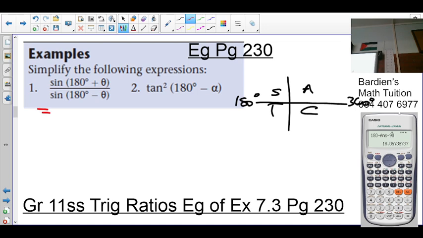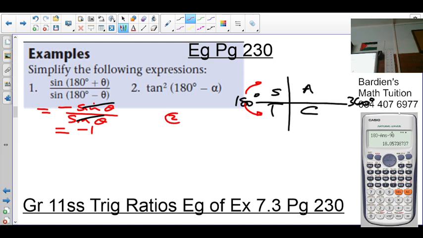So 180 plus theta takes you into quadrant 3. Sine is negative in quadrant 3, so it becomes negative sine theta over. 180 minus takes you to quadrant 2. Sine is positive, so it's sine theta. And of course that cancels, leaving you with negative 1.